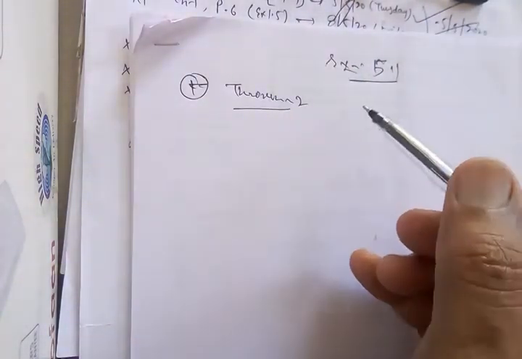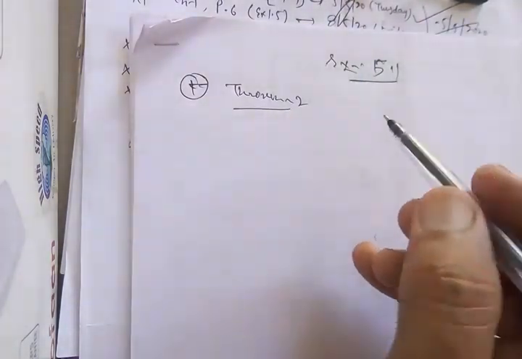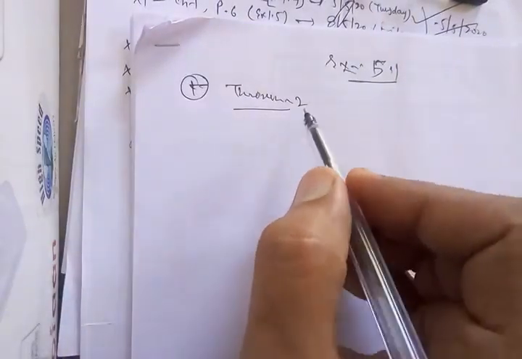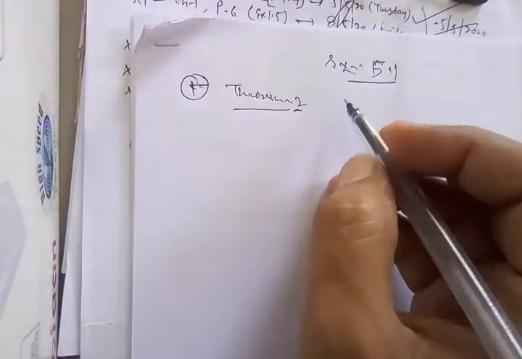Theorem number 1 gave the sum, product and difference of functions. This is theorem number 2, for new cases.